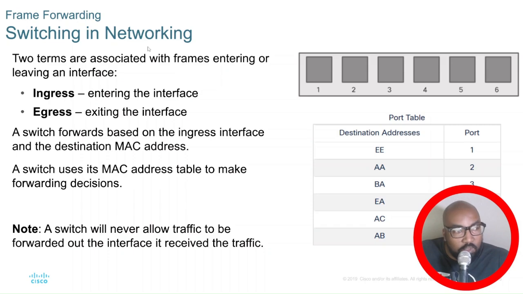Switching and networking. Two terms are associated with frames entering or leaving the interface, okay? Ingress, entering the interface, and egress, exiting the interface. A switch forwards based on the ingress interface and the destination MAC address.